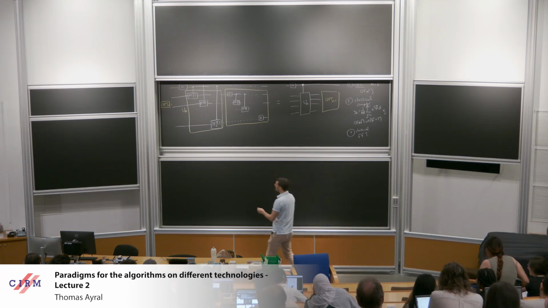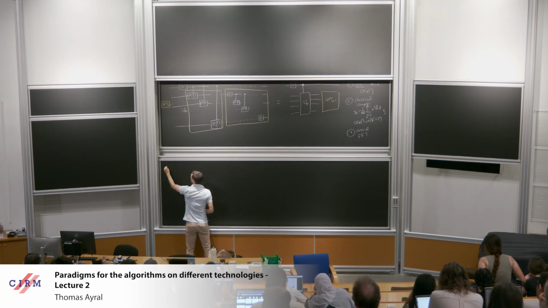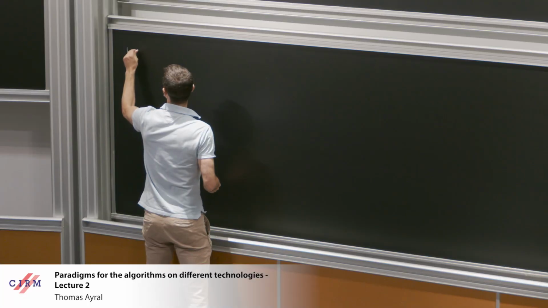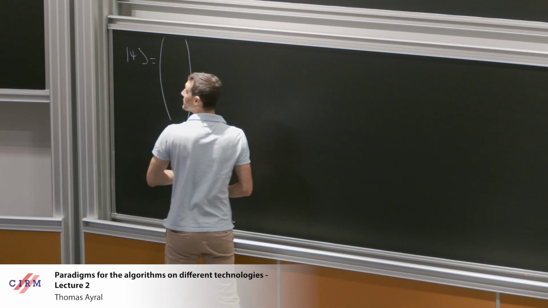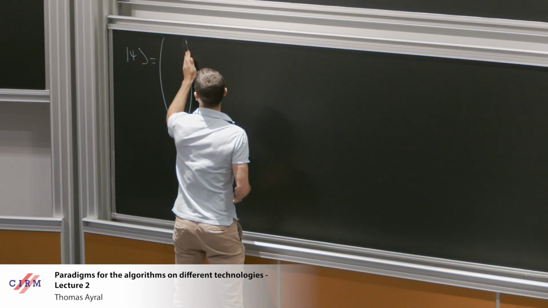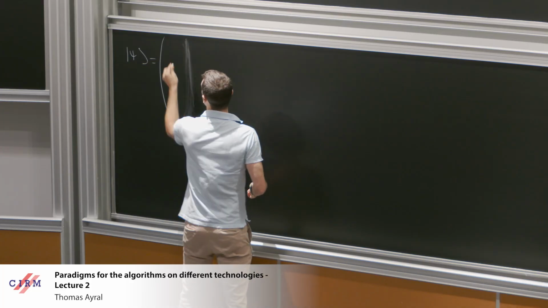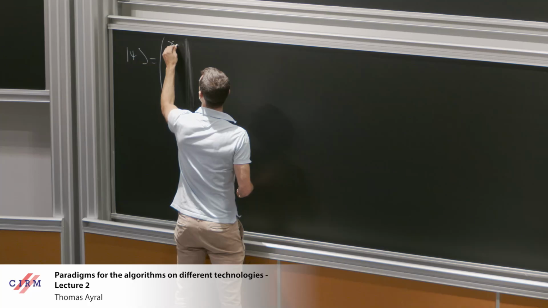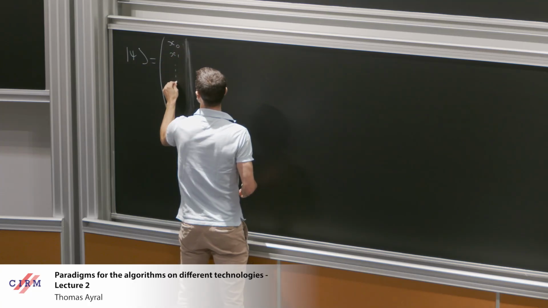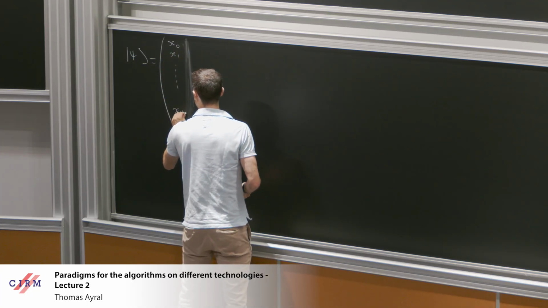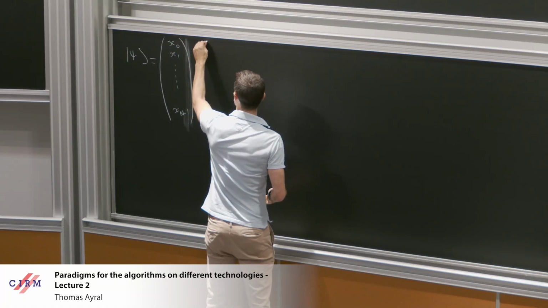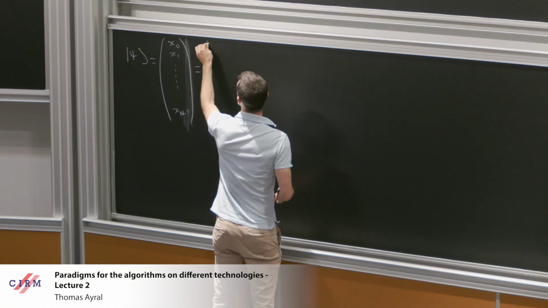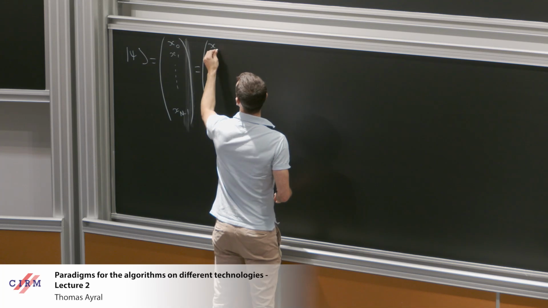So the way I would represent my wave vector psi at the beginning would be a big vector with amplitudes. And these amplitudes I can label. Either I say it's x0, x1, until x_{N-1}. That's one way of saying things. But a more convenient way would be to use a binary decomposition of the bits.